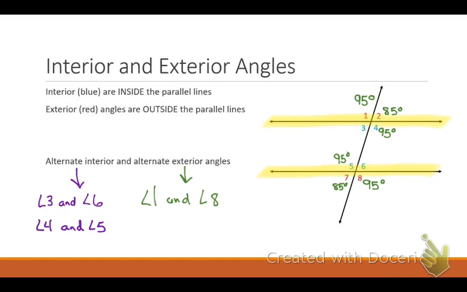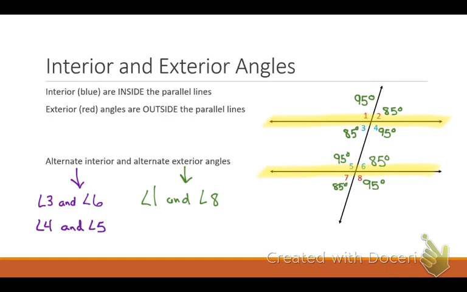So what would be the measure of angle 6? 85 degrees. And its alternate interior angle is also what? 85. But look what also is true. The vertical angles are equal. Okay? So do you see how alternate interior and exterior can fit into the other ones that I've already learned?